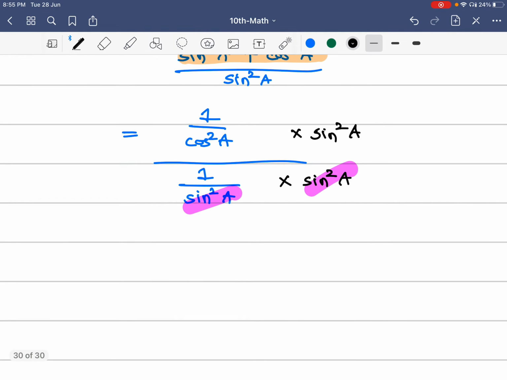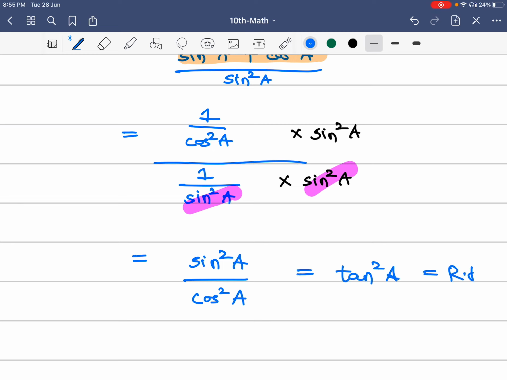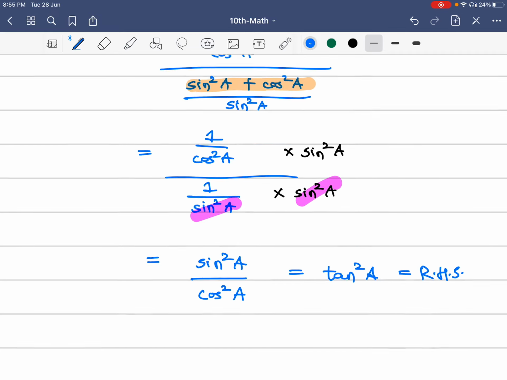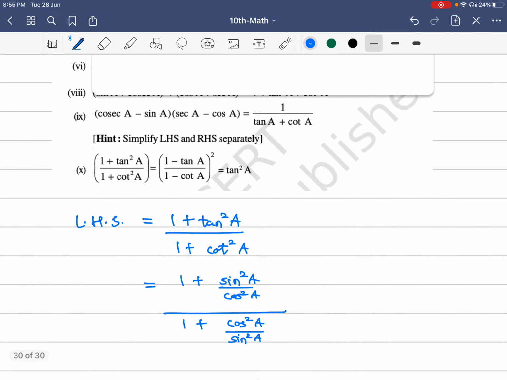Thus we get sine square A divided by cos square A, which is nothing but tan square A, which is our right hand side expression. So this is proved.